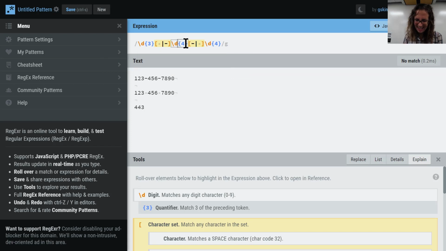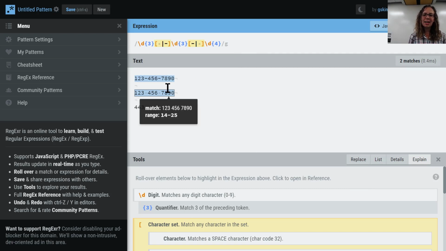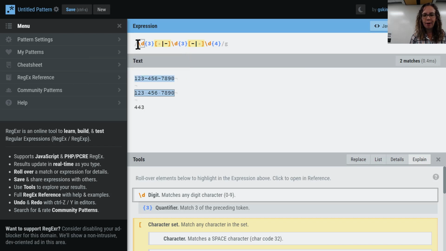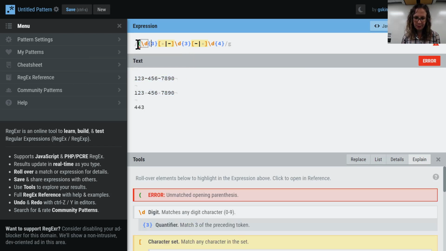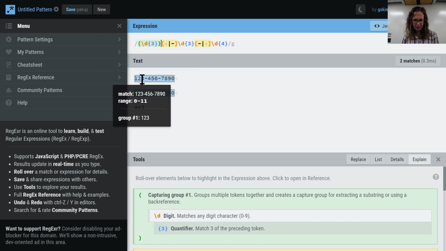Ah, thank you. Yes, that is a crucial part of phone numbers: 3 digits, 3, 4. It's kind of neat, it'll highlight what it's matching so you can see. Also, if you pick off character groups, where you use the parentheses to pick a group, I think it even shows you the capture groups 1, 2, 3 of what it's capturing.